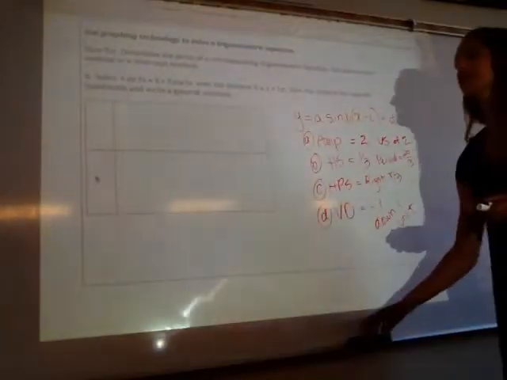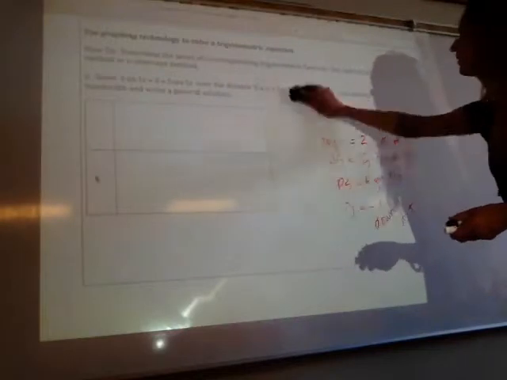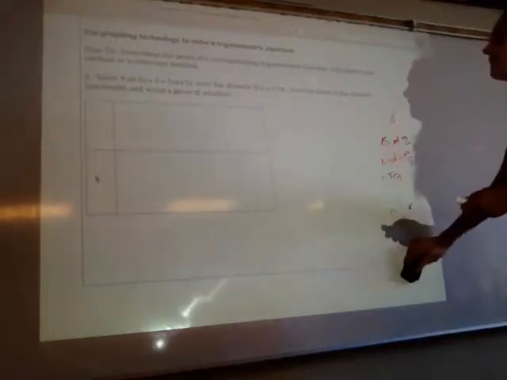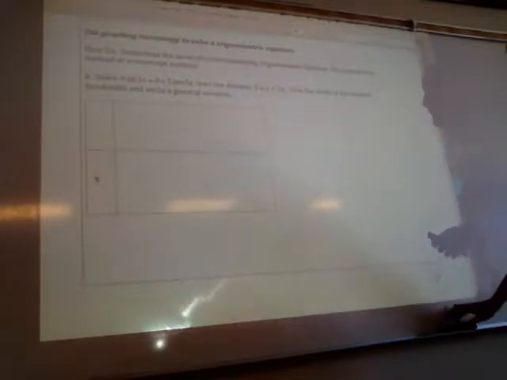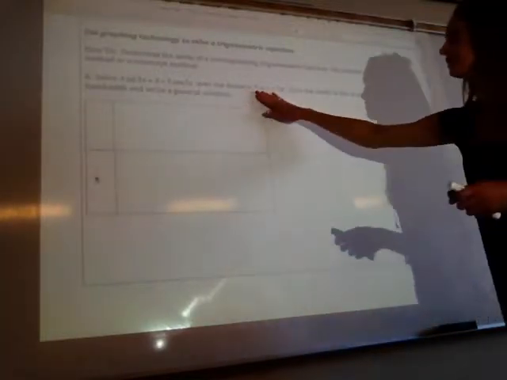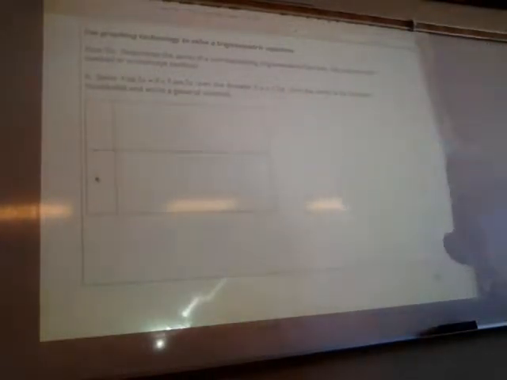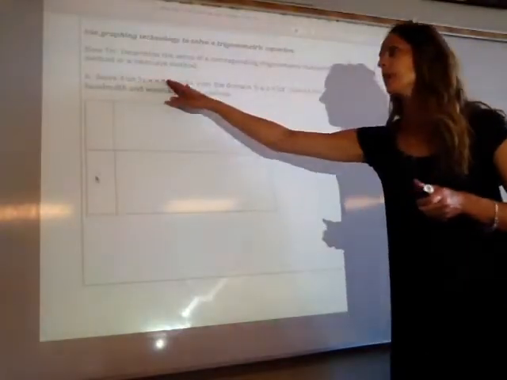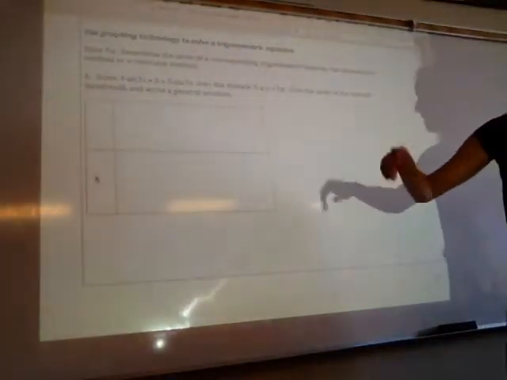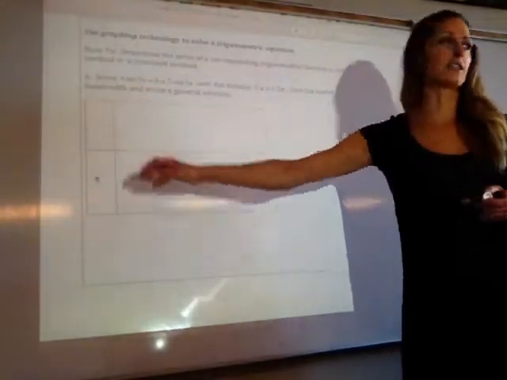We can also use technology to solve trig equations. For example, we have 4 sine 3x equals 6 plus 5 cosine 3x over the domain 0 to 2 pi. We already have our calculator set up, so we just need to put in our new equation. It might be useful to just move everything to the left-hand side and find our x-intercepts.